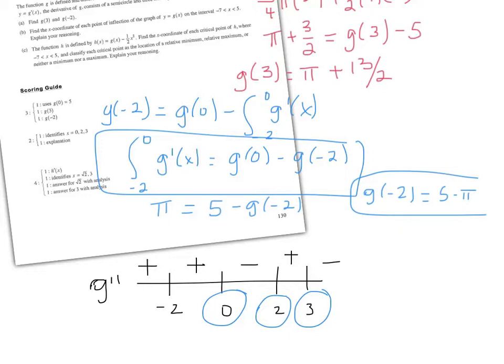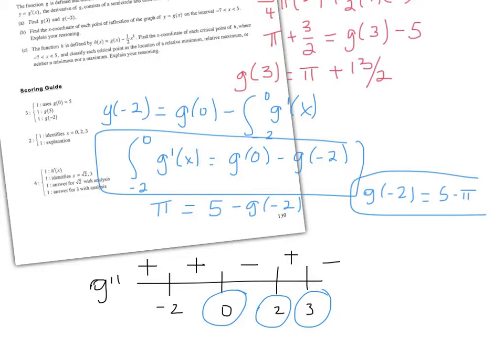And then you'd have to explain your reasoning. So again, once you have that chart drawn, the chart is incredibly useful, right? You can tell just from the chart where your points of inflection are, but you need to write out what's happening in the chart. So you would say g double prime is positive on each of those intervals, and you list out the 3 intervals where it's positive, and say g double prime is negative on 0 to 2 and 3 to 7, or 3 to 5, I guess.